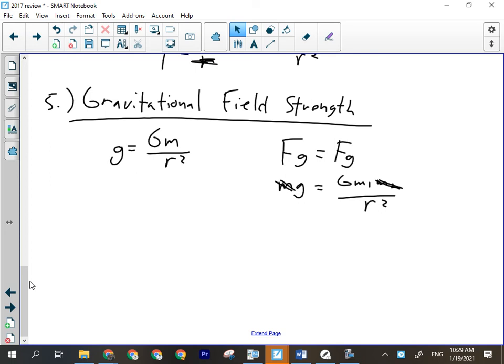There's 2 questions about Newton's laws, multiple choice questions about Newton's laws. There's 2 very simple Newton's second law multiple choice questions.